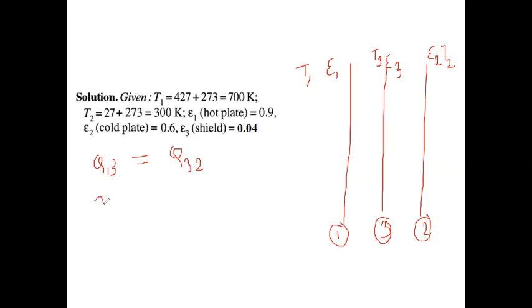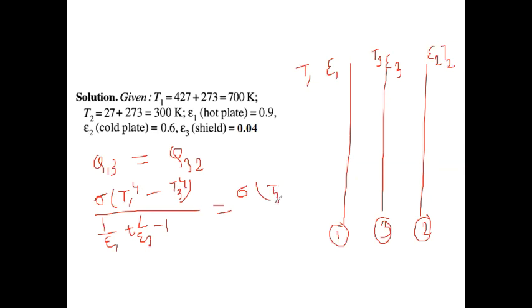Or we can write sigma, same formula, (T1 to the power 4 minus T3 to the power 4) divided by 1 by epsilon 1 plus 1 by epsilon 3 minus 1 equals sigma (T3 to the power 4 minus T2 to the power 4) divided by 1 by epsilon 3 plus 1 by epsilon 2 minus 1.